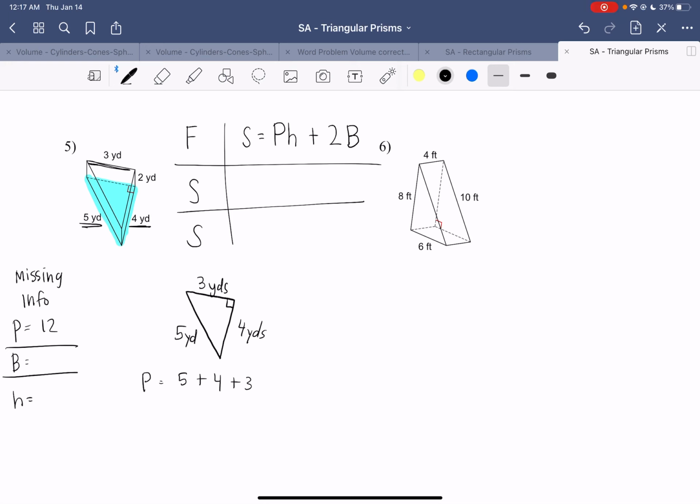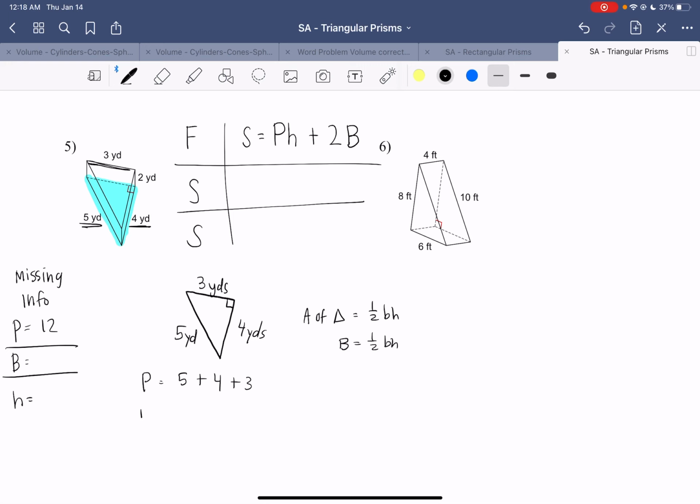The area of a triangle is 1/2 base times height. So essentially, capital B is going to be 1/2 base times height when the base is a triangle. Obviously when we did cylinders, it was a different formula.